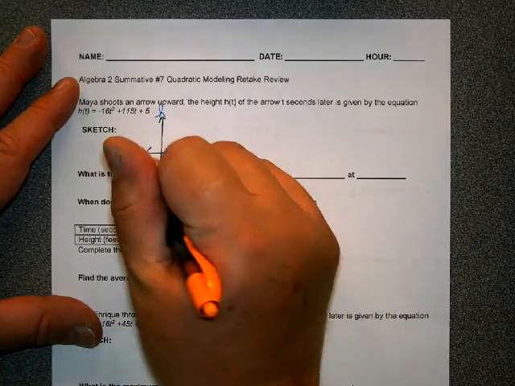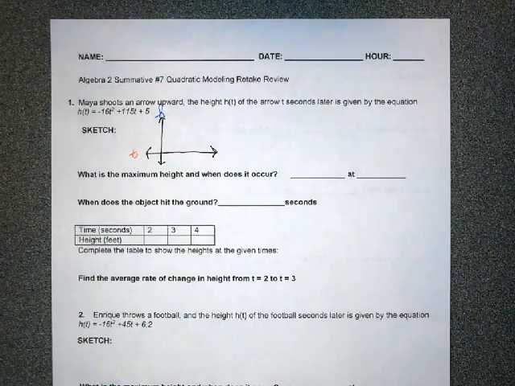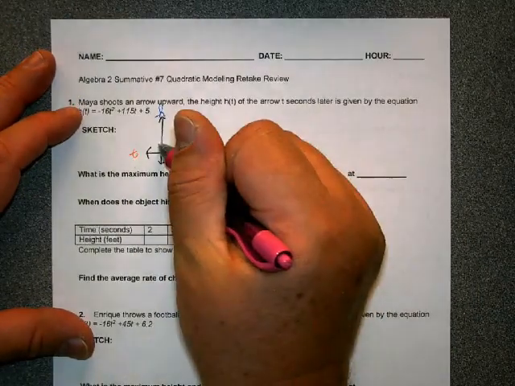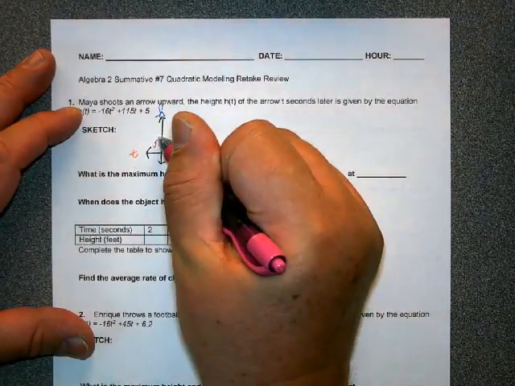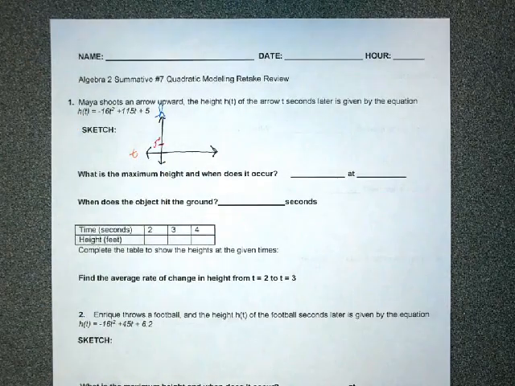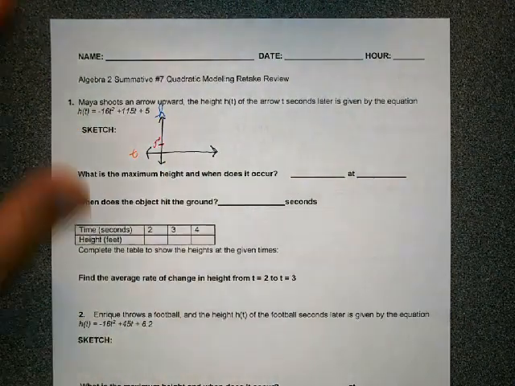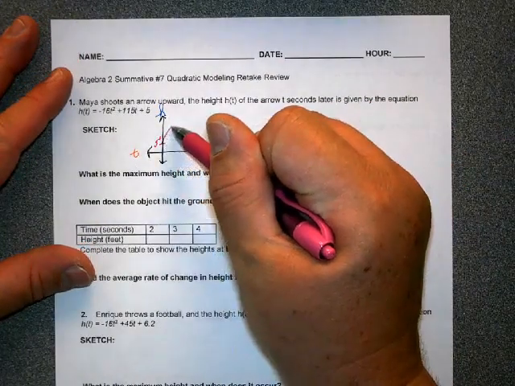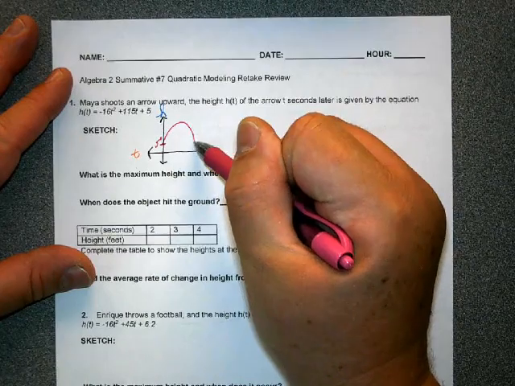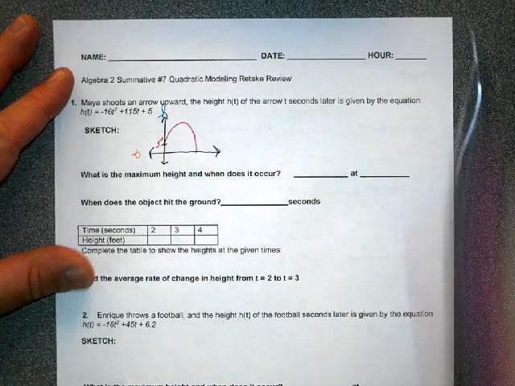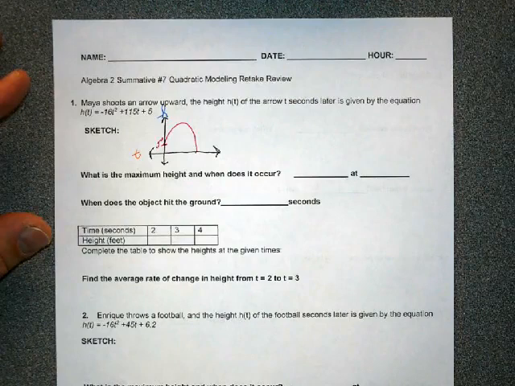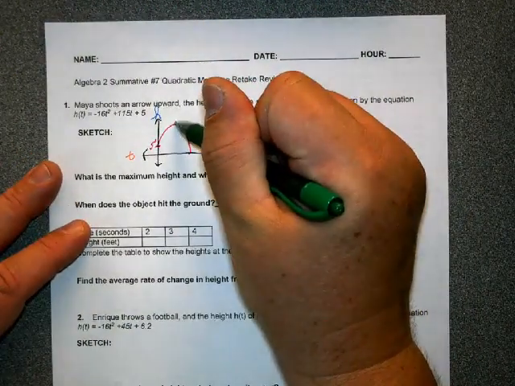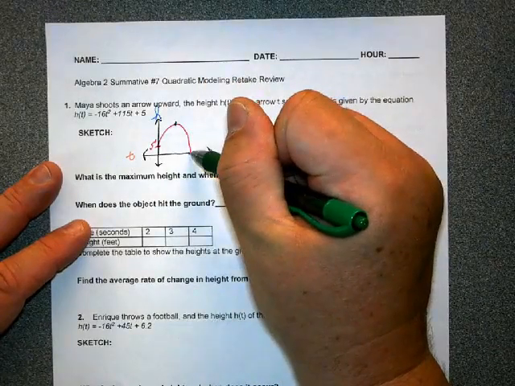Okay, my initial height here is 5 feet, so I'm starting at 5 feet, and I don't think that's going to make too much difference in our problem. All right, so Maya shoots this arrow upwards, and then it comes back down to Earth and hits the ground. In these problems, we're really interested in the vertex and in this case, the t-intercept, because we're not using x.